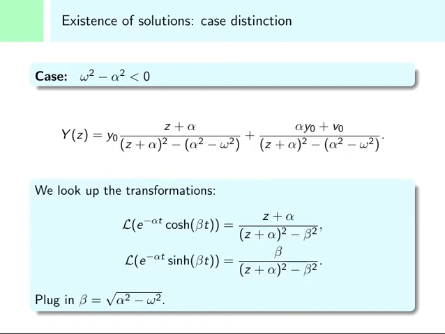Similarly, in the second fraction, we can factor out alpha y naught plus v naught and multiply and divide by beta. And then we use that beta over z plus alpha square minus beta square is the Laplace transform of exponential minus alpha t times sine hyperbolicus of beta times t.